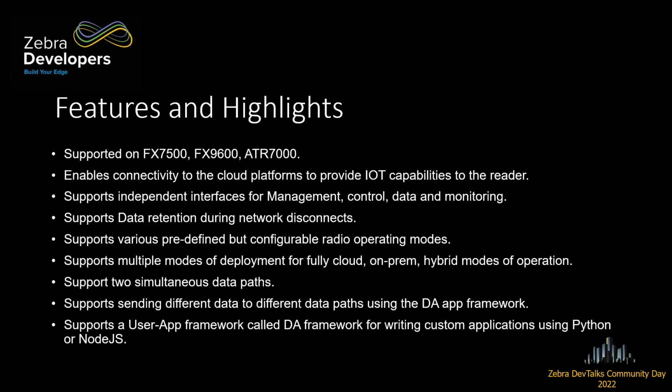So typically, if you don't want all the data to go to the cloud, if you're sensitive to the network bandwidth utilization, you could filter out the data that goes to the cloud. But if there is a local connection that the data endpoint is added to as well, then the reader can send the unfiltered data to a local endpoint, whereas the filtered data can go to the cloud. That sort of a paradigm is possible using the DA app as well.